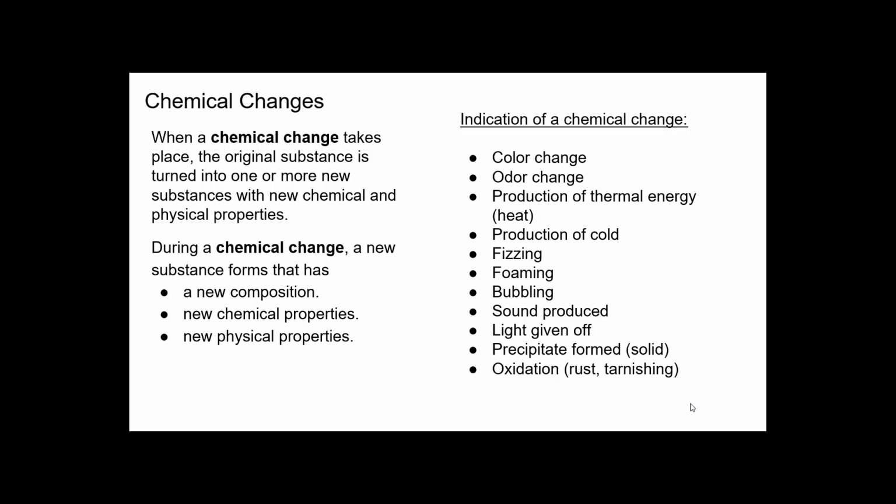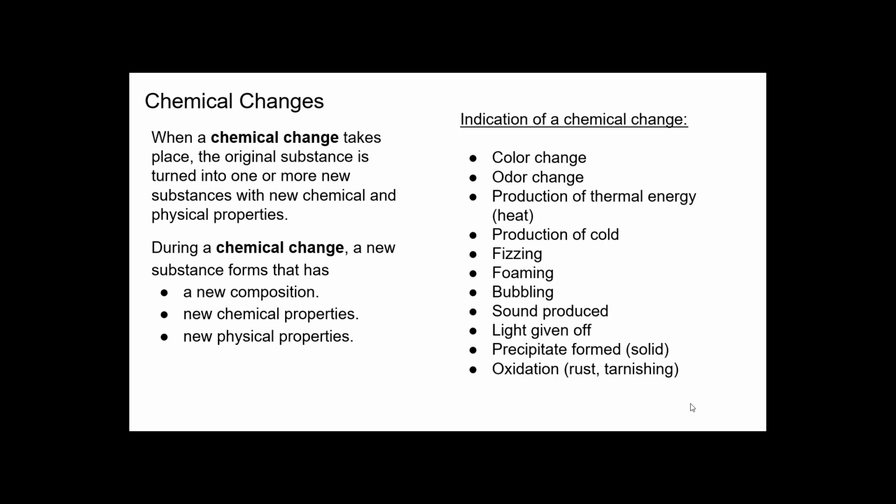This means that the atoms will change partners, in a sense, if they have combined from one compound. So think about H2O. If we go through a chemical change of breaking down water, the hydrogen atoms and oxygen atoms will separate, and they might join with another element. That's what it means. It's a new composition.